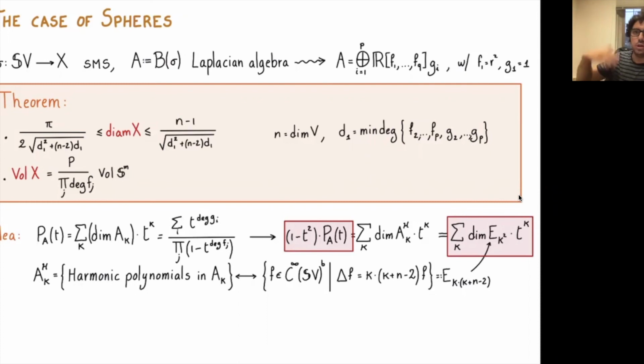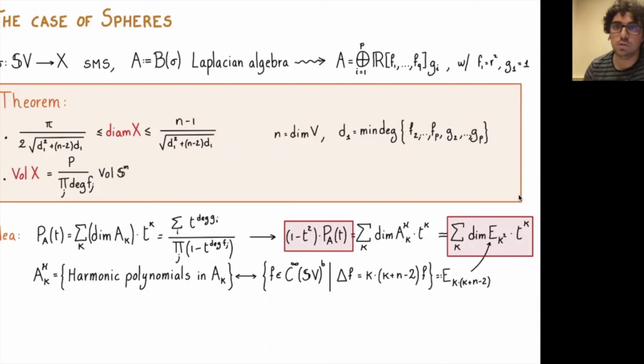The moment you have any group action, the diameter has a lower bound that does not depend on anything. It doesn't depend on the dimension. So that is the type of result that we're going for.